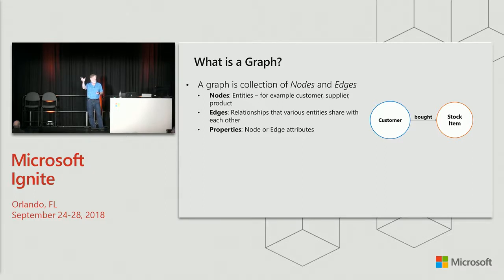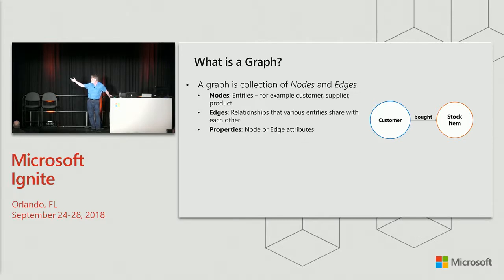So both nodes and edges can have properties. Obviously, an object, a node, can have properties. So a product has a lot of different attributes to it. But unlike the concept of a foreign key, for example, the connections between nodes, which are called edges, can also have properties.